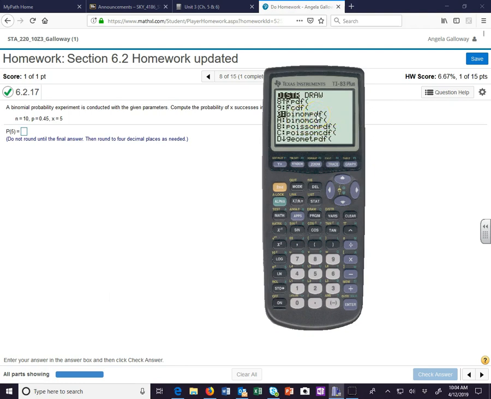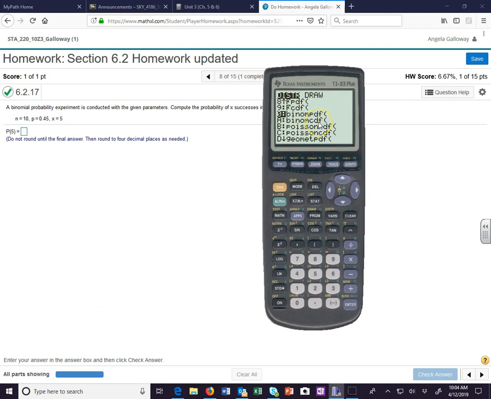The PDF is just like the formula where you plug in the values: n choose x, p to the x, 1 minus p to the n minus x. That is the PDF formula. If we use this one in the calculator, we are trying to find the probability that x is equal to a certain number of successes.